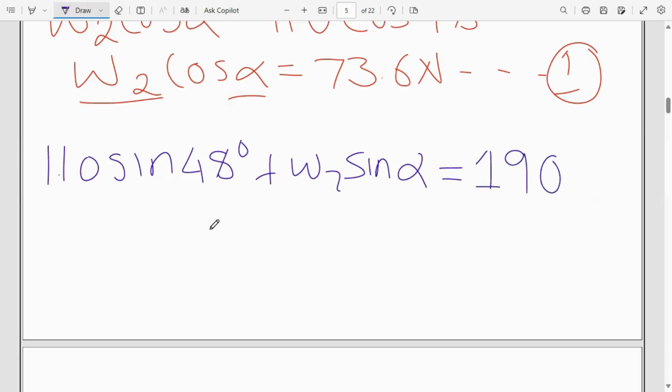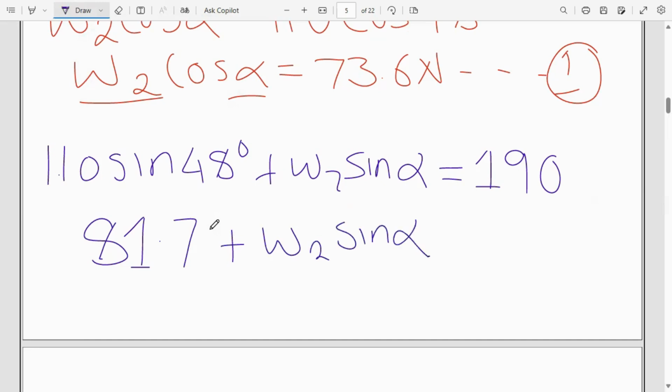That is 190 newtons. So from there, we're going to find the value of 110 sine 48, which gives 81.7 plus W2 sine alpha. This should be equal to 190, like that.